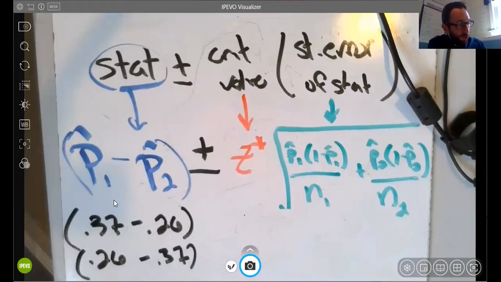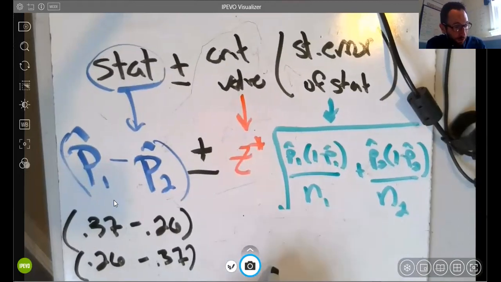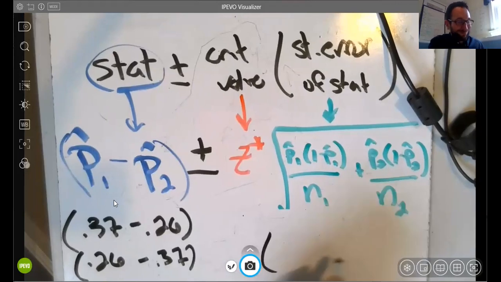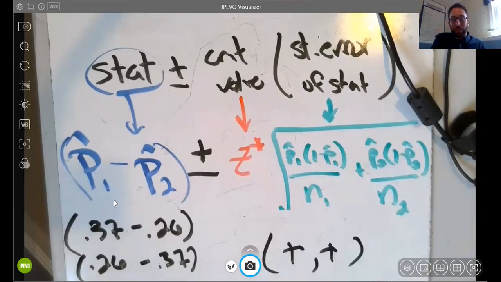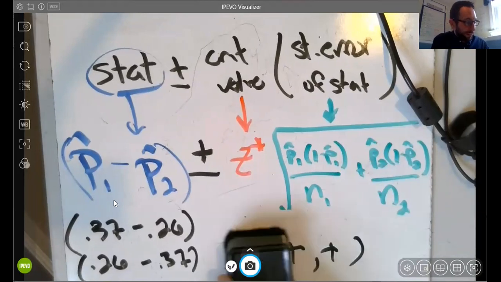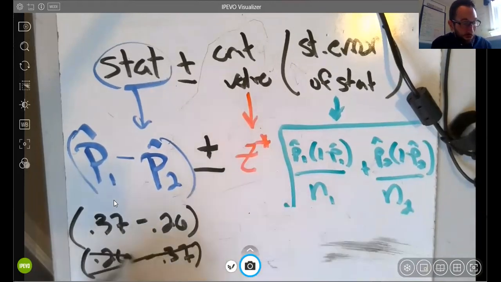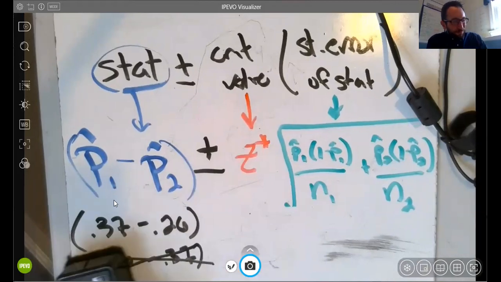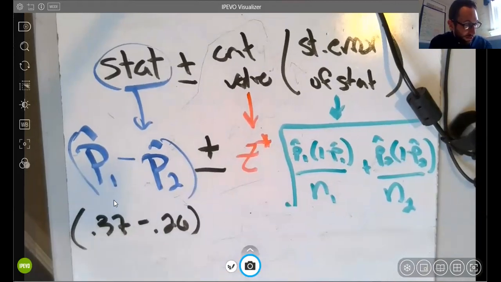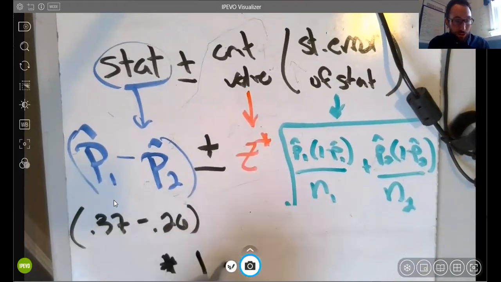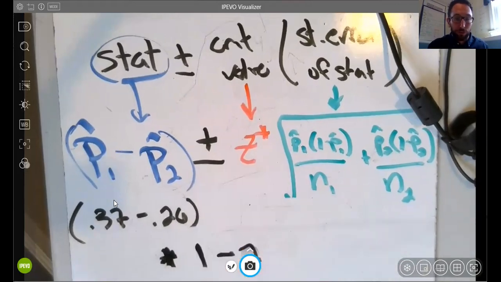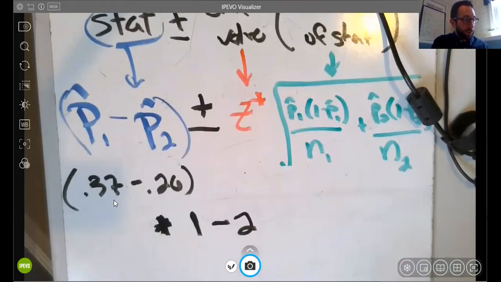We should also notice that when we created the interval, we got positive numbers. That should imply that this is probably not the right option because that would give me a negative. The other thing to keep in mind is that your calculator always does group 1 minus group 2. Whatever you're entering in for the 1, it's always doing 1 minus 2.